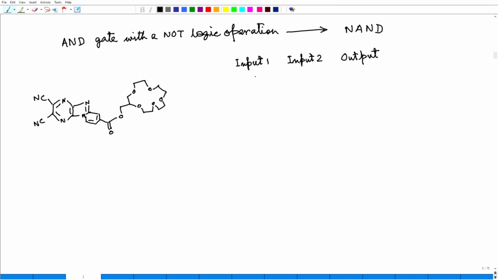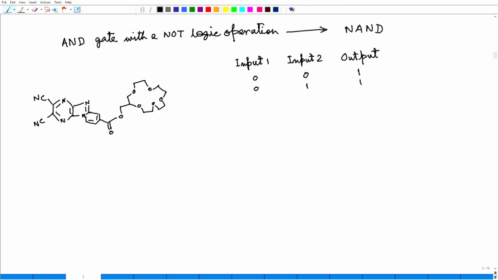Okay. NAND logic gate. Input 1 is 0, input 2 is 0 and output is 1. Input 1 is 0, input 2 is 1, then output is 1.